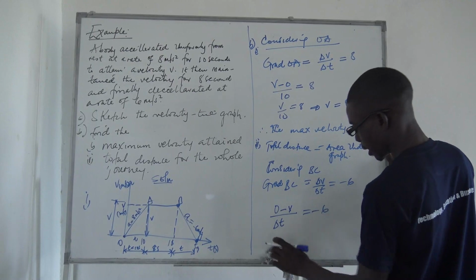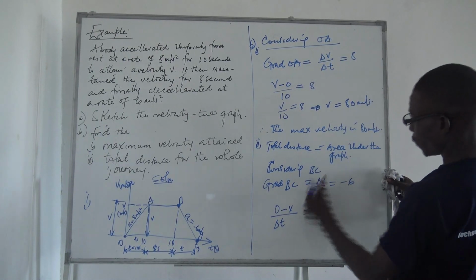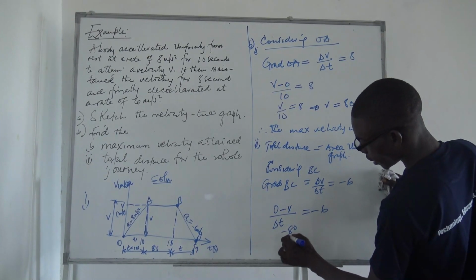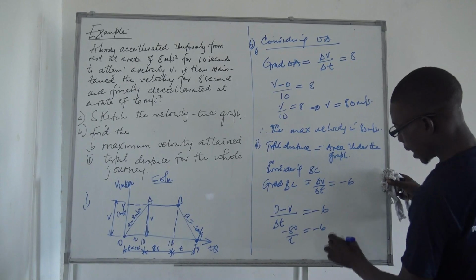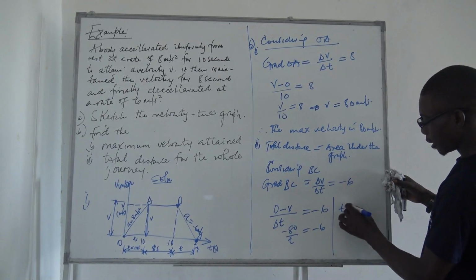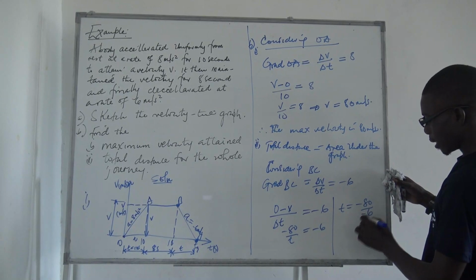So to be equal to -6. And then if we have that, we shall say minus V is -80 out of T equal to -6. And then it will imply that T is -80 out of -6.